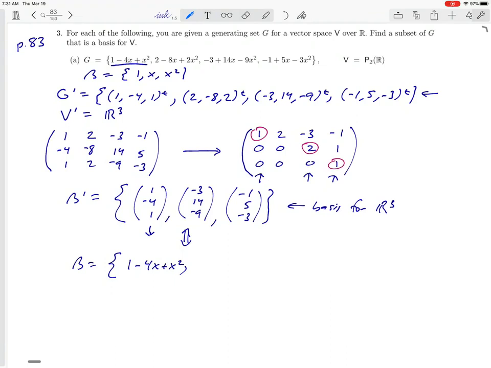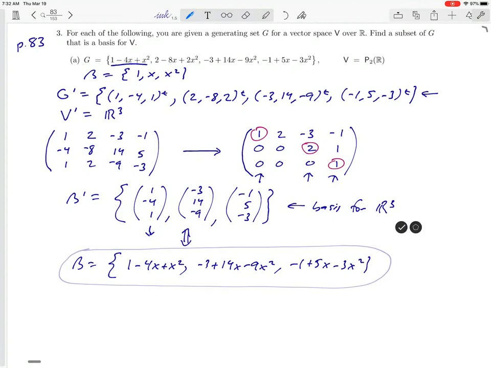The other two are going to be similar. Negative 3, 14, negative 9 builds us the polynomial negative 3 plus 14x minus 9x squared, and so on. This last line here is our answer, and just to emphasize, that is a basis for P2 of R that happens to be a subset of G, which answers the question that we were asked.